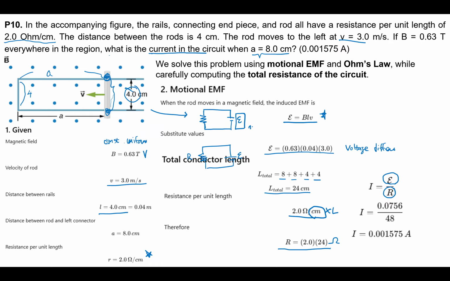The total length times the resistance per unit length gives you the resistance. And once you know the resistance and the electromotive force, you can find I using Ohm's law.